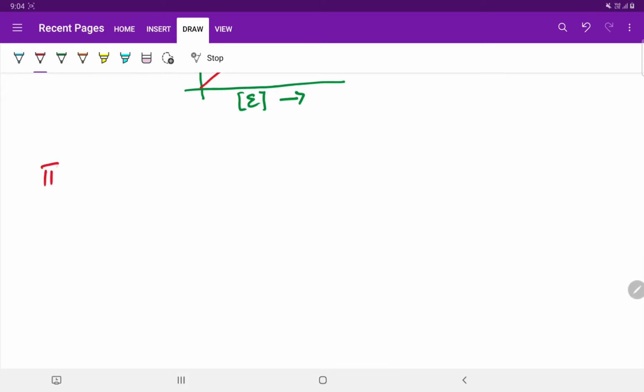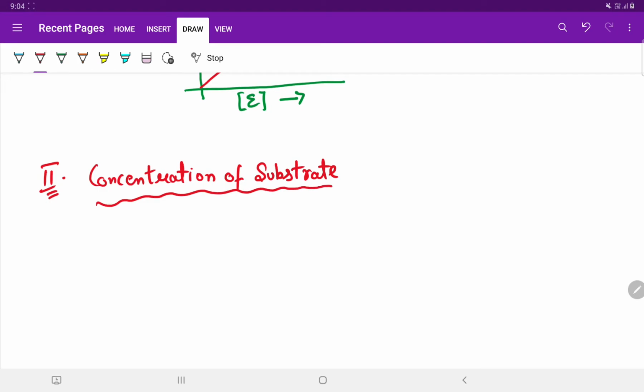Now secondly is the effect of concentration of substrate. So we all know that enzymes play a direct role. Similarly is the role of concentration of substrate. So students, we have discussed this factor in the previous class, in which we discussed the enzyme kinetics. So what is the effect of substrate concentration?